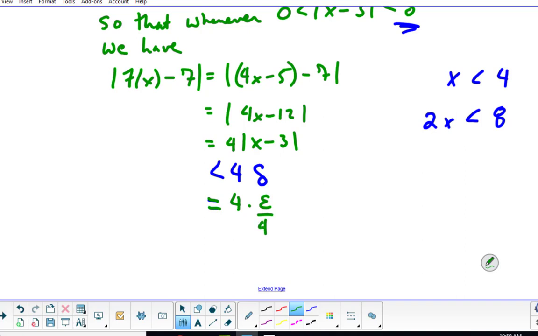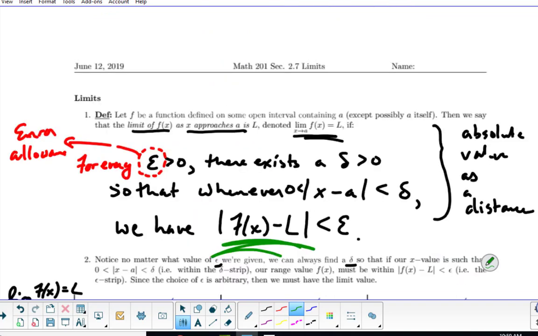How does this expression clean up? We end up with just an epsilon here. Okay? Let's run through this. Our goal in the limit definition was to show that as long as we get within a certain distance of a, our range values will get within a certain distance of L.